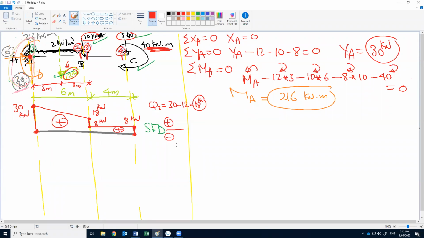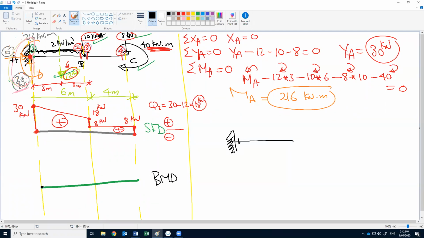Now we can go to the moment. For the bending moment diagram, this is our datum. If we start with section 1, what is the moment at 1? 216 kilonewton meters.